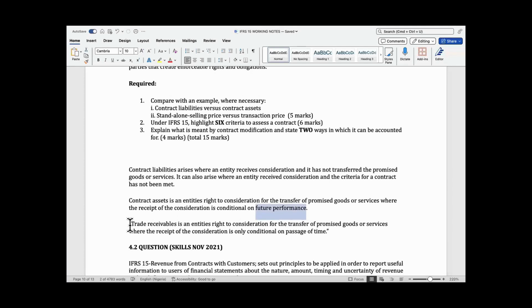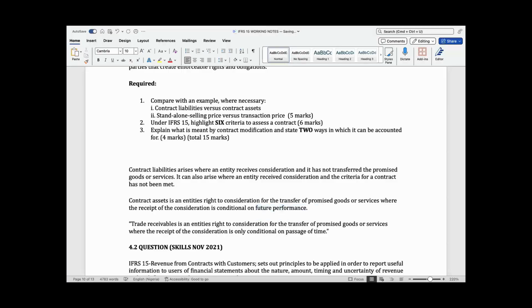But trade receivables, you have delivered the goods, you have done everything, you don't have any other thing to do other than to collect money. The only obstruction between you and your money is just time. Maybe they tell you collect money in 30 days or 40 days.